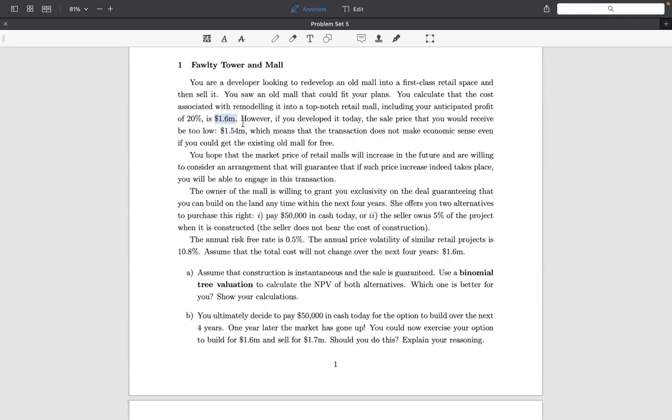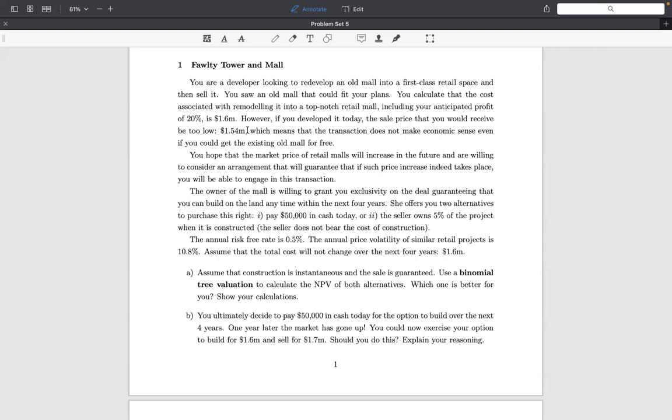The sale price starts with 1.54 million, which is similar to the starting point of the stock price. The reason it's a call option is because when you choose to build it, you're earning more if the price goes higher.